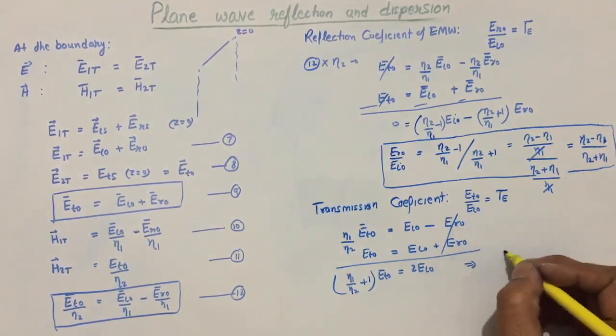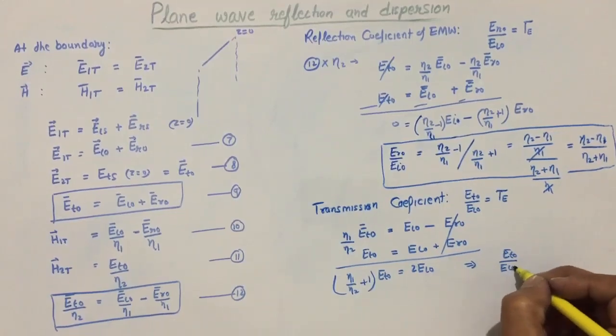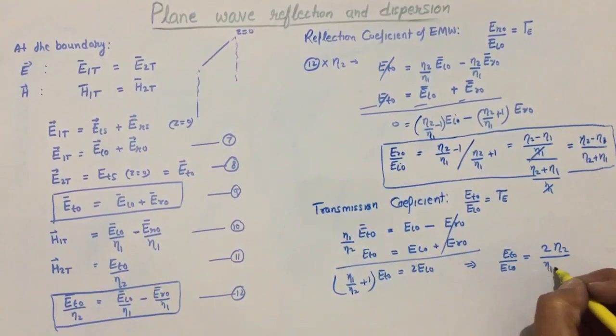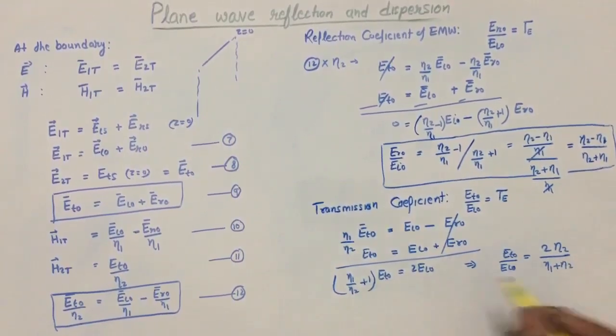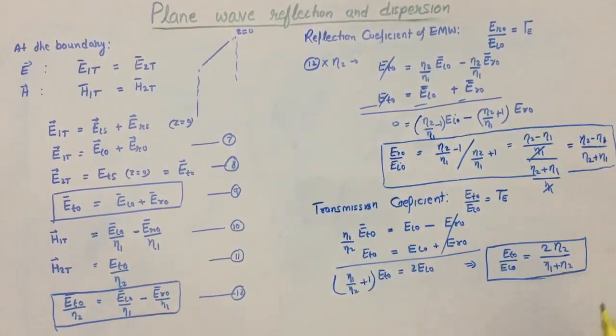So for that, E T naught divided by E I naught will be 2 divided by eta 2 plus 1 from here. So this is the final form that we have for the transmission coefficient of the electromagnetic wave.